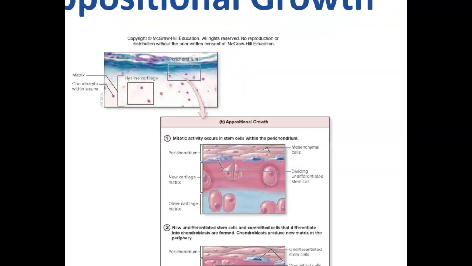Here we have mitotic activity in the stem cells in the perichondrium. So remember that our osteoblasts were located inside the periosteum. Well, we also have chondroblasts inside the perichondrium. And so these are going to, again, undergo mitosis and divide.